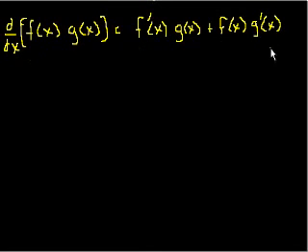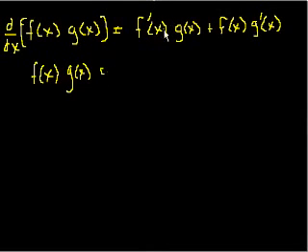Now, if we were to integrate both sides of this equation, because anything you do to one side of the equation, you have to do to the other. If you integrate this side, you're taking the integral of a derivative. You just get back to what you took the derivative of originally. So this just becomes f of x times g of x. And then we have to integrate the right-hand side.